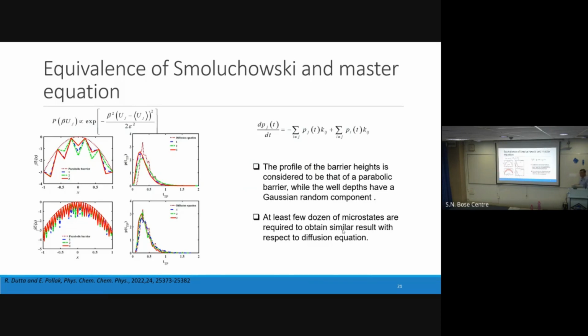We tried to go to the continuum limit where many microstates are possible, and where the barrier is constituted such that the top of the barrier touches the parabolic barrier, where the energy is equivalent to the parabolic one, and the micro wells' energy has a random component chosen from a Gaussian distribution. If one uses the smallest microscopic model of 5 states, then one compares. Here I show 3 realizations, that is, 3 different sets of microstates.